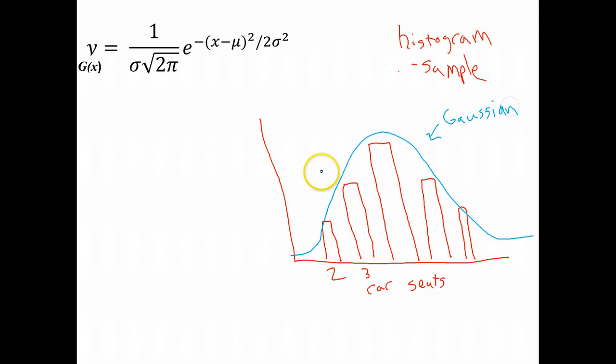And this Gaussian is representative of a population. So let's talk about this population having a mu, which we refer to as the mean. It's going to be where this is the maximum.